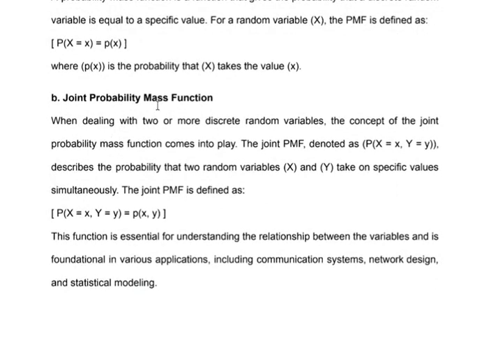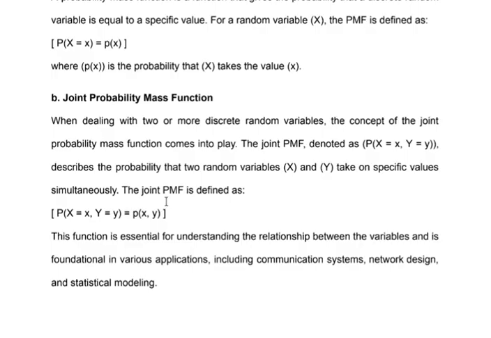B. Joint probability mass function. When dealing with two or more discrete random variables, the concept of the joint probability mass function comes into play. The joint PMF, denoted as P(X = x, Y = y), describes the probability that two random variables, X and Y, take on specific values simultaneously.